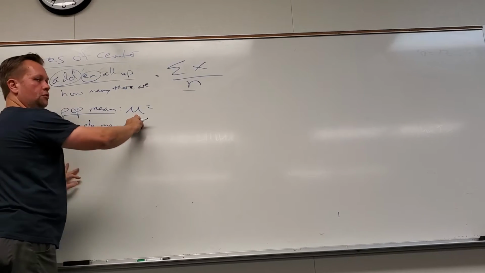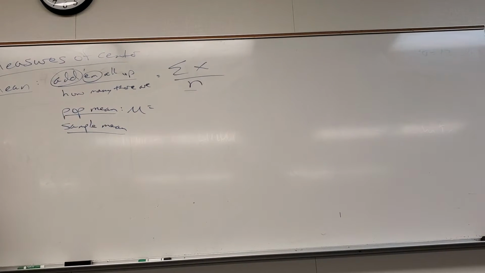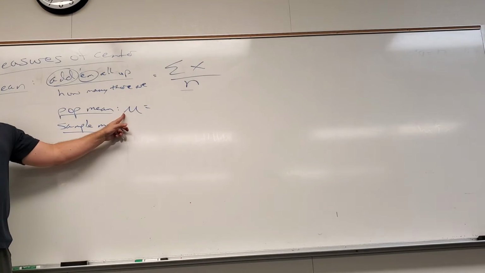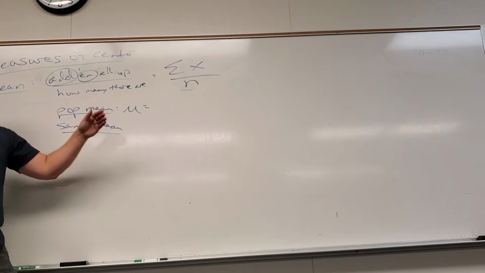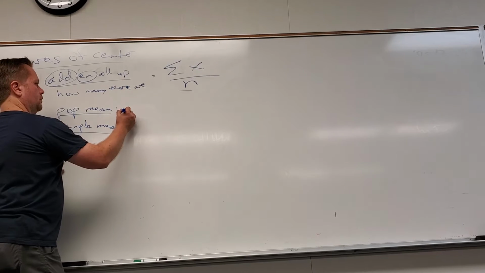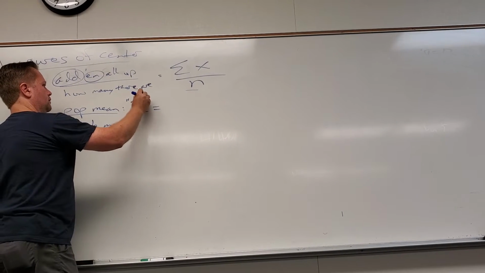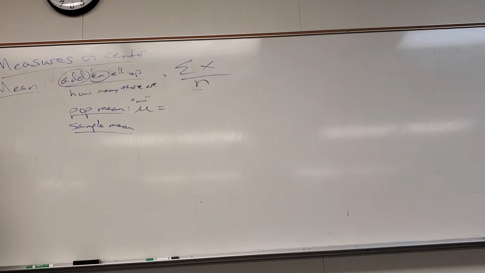Population mean is a mu. So for population we use Greek letters. This is a U with an extra leg. Some of you are going to make it an M. Try not to. So let's try to draw this together. Mu.